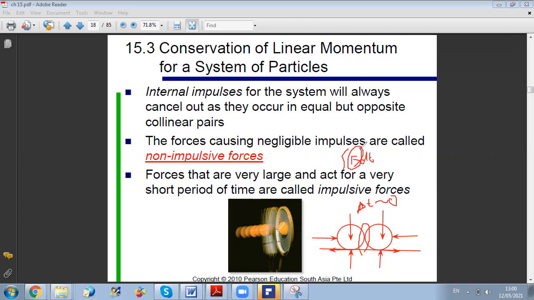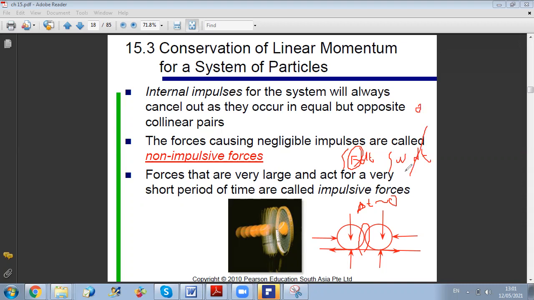F is very high for the collision force, but the other forces will be negligible compared to F. This is why for other forces such as weight, normal, and friction from the ground, you can say that the integral of these forces, for example weight dt, can be neglected. Why? Because delta t tends to zero, and the weight is not a very, very large force.